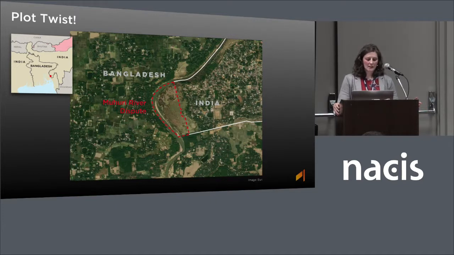This is just west of the Indian city of Bologna, and along it, Bangladesh claims a historic river course based on a survey done in the 1970s. And India says, no, we should resurvey because the river has changed course, and would like to update the boundary. So they are currently working on that.